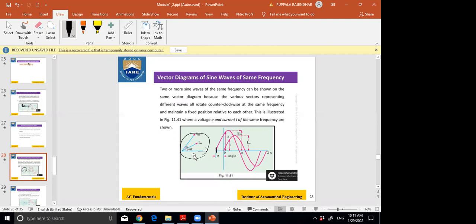With reference to 0, alpha is displaced. Waveform 1 is leading with an angle of alpha. So this will be the magnitude Em, and this is the angle here.